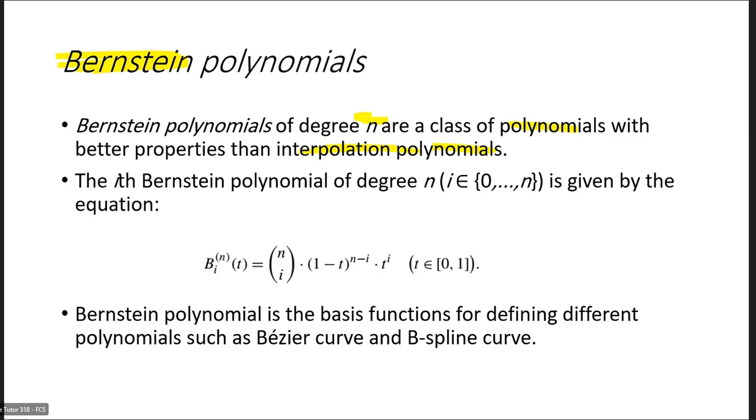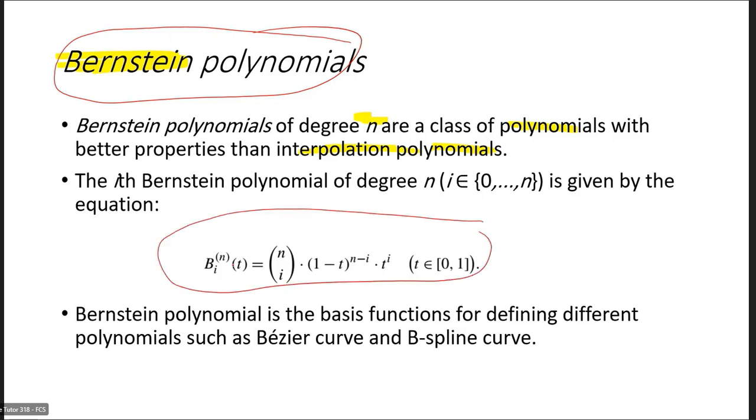The Bernstein polynomials are the polynomials that you are using for the cubic curve and for the quadratic curve. In Java, we are using the cubic curve and the quadratic curve, and these two types of curve are special types of Bernstein polynomial. This is the Bernstein equation. The ith Bernstein polynomial of degree n is given by this equation.